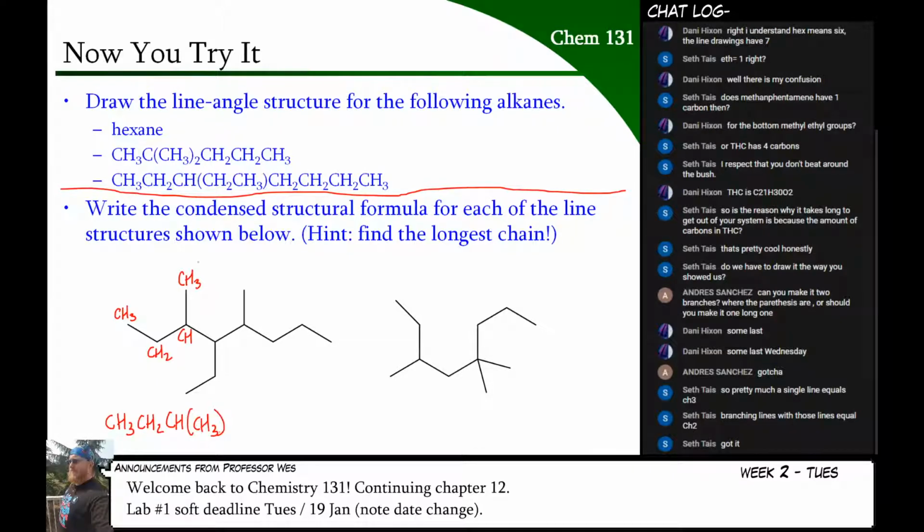Okay, and we're just going to go left to right across the chain. This is the longest chain. 1, 2, 3, 4, 5, 6, 7, 8. All right, so carbon number 4, this would be CH. And it's connected to CH2, CH3 down here. And then carbon number 5 is CH.